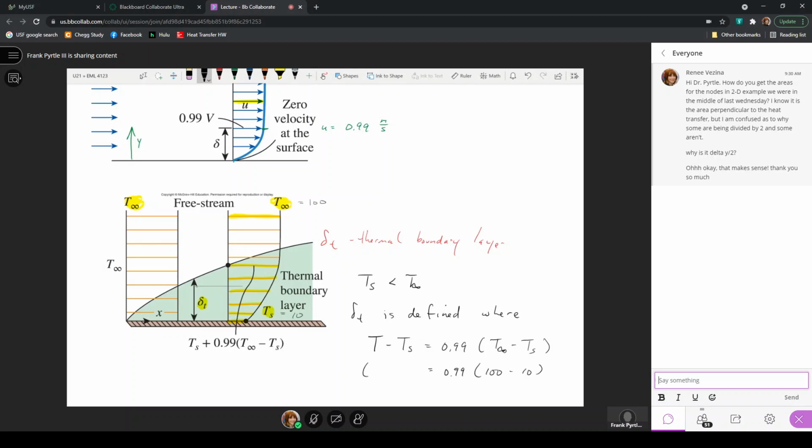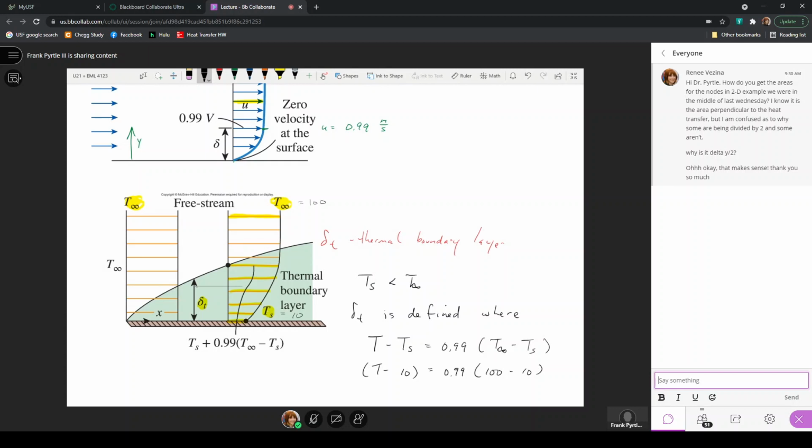And T minus the surface temperature here, T being the temperature in the fluid, is equal to 99% of 100 minus 10, which is just the temperature difference. When 99% of that temperature difference is equal to the temperature difference between a position in the fluid and the surface, that's when we say we're at the position that defines the thermal boundary layer.